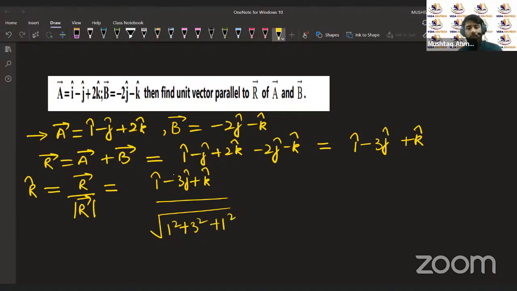So it will be 9 plus 2, that's 11. So this is the unit vector along the direction of resultant of these two vectors, a vector and b vector.